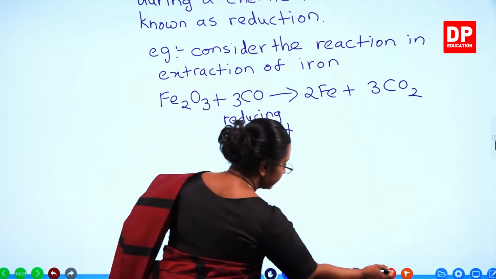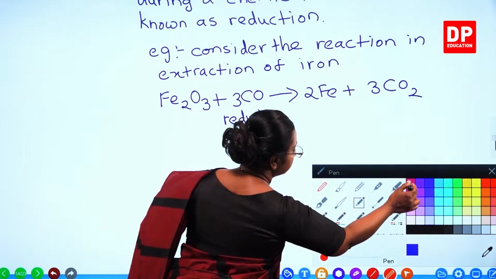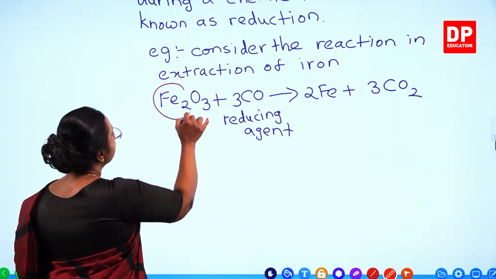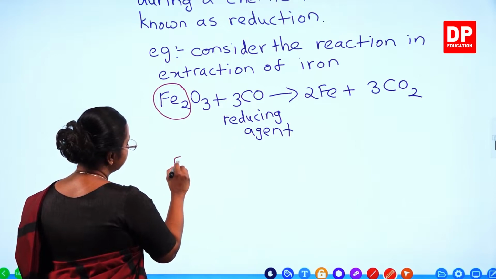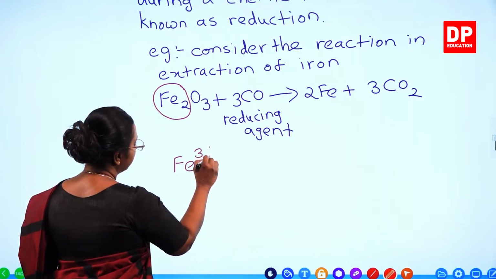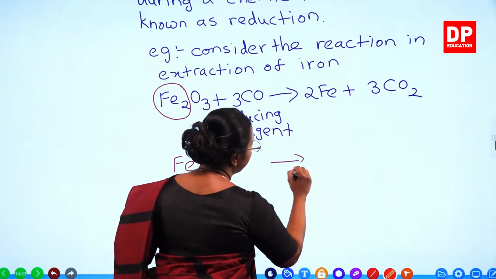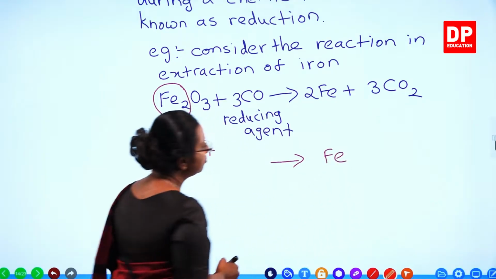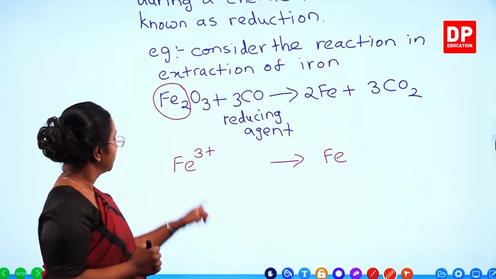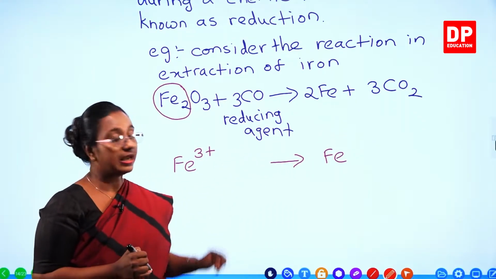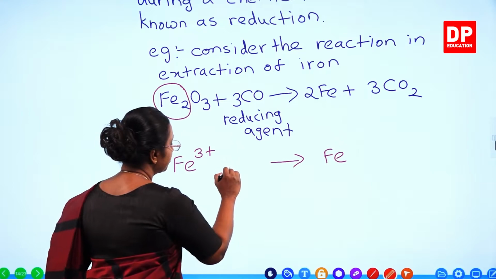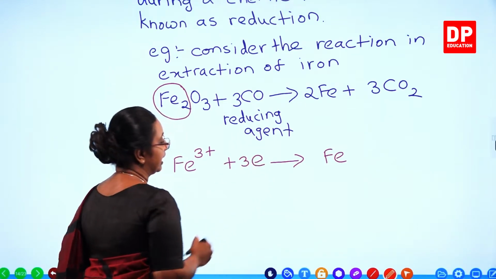Now if we consider this, now this iron is in the form of Fe3+. But when you get the product, you get Fe. So for Fe3+ to become Fe, it needs to take up 3 electrons.